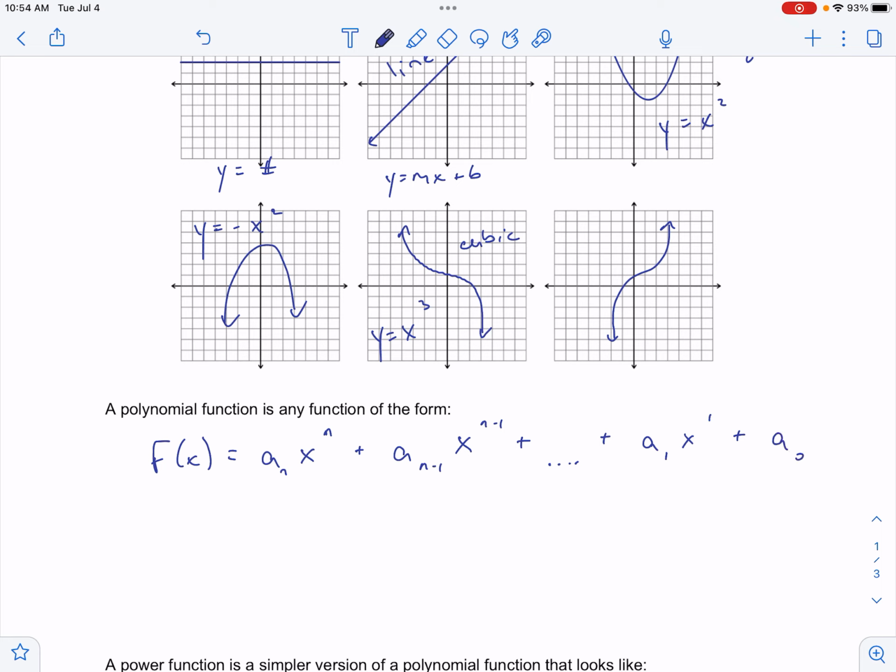N is going to be any whole number. So anytime you see an n here, it's going to be related to any whole number.